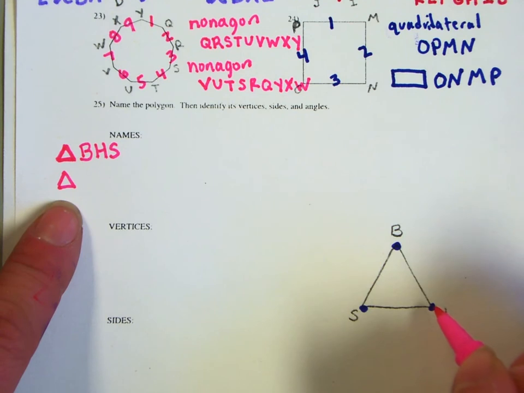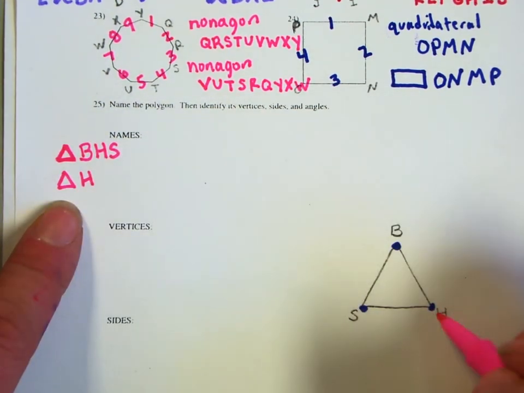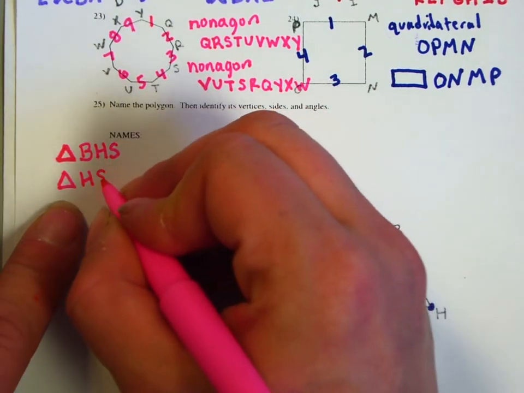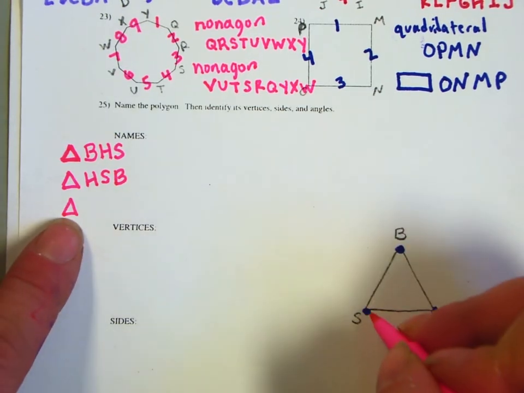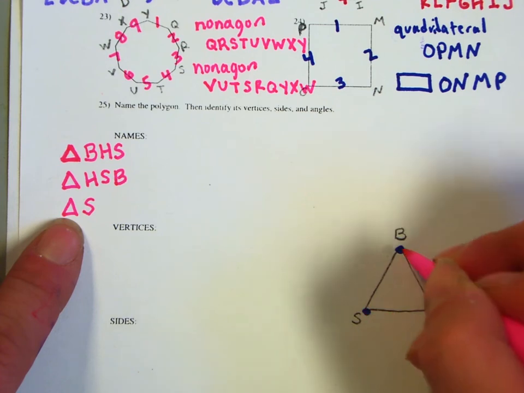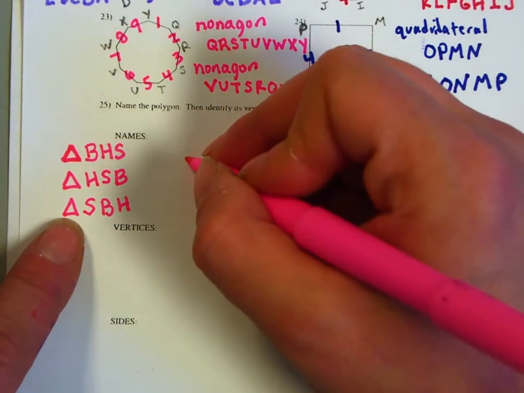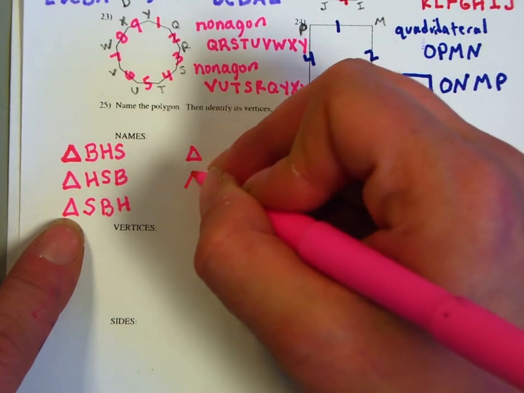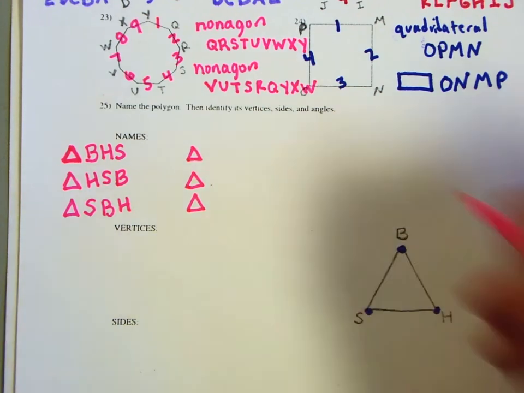Okay, if we start with vertex H, in a clockwise motion, triangle HSB. We start with vertex S, in a clockwise direction, triangle SBH. We had 3 acceptable names in a clockwise direction.